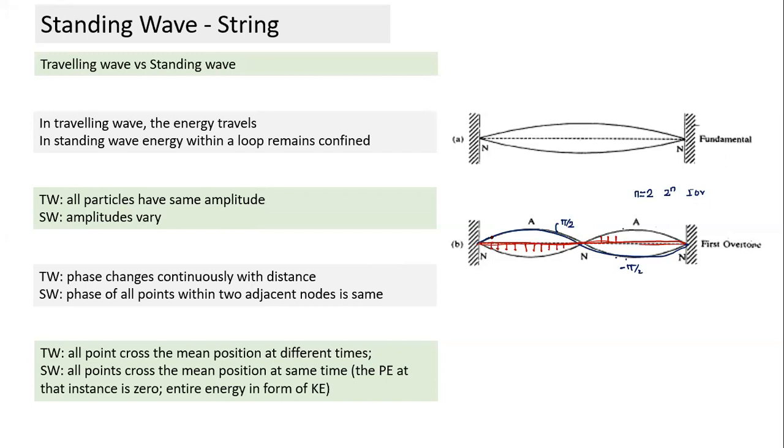This half is crossing the mean position from the upper direction, hence velocity is downwards, and this set of particles, or this half length of the string, is moving from the lower extreme to the upper direction. So here velocities are in opposite directions, and they're out of phase. The phase difference is pi.